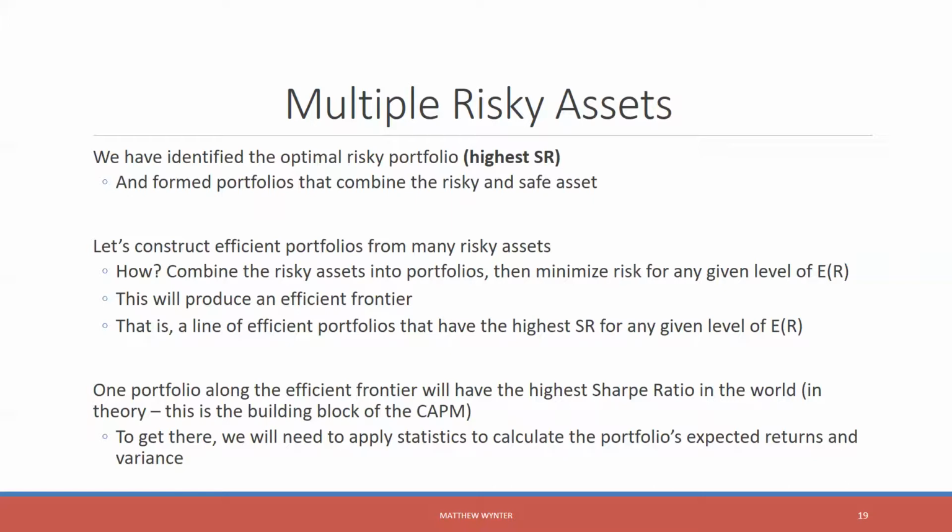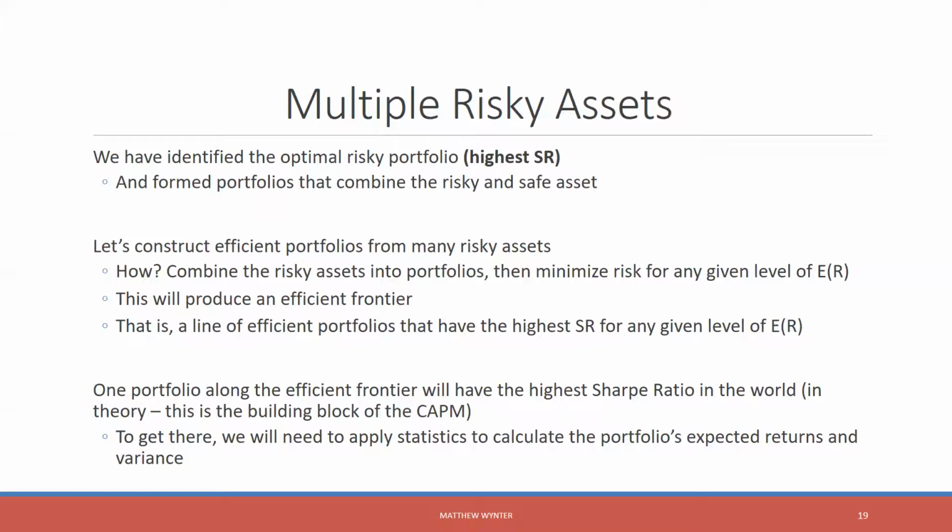And if that feels confusing, or if you're not quite sure why that makes sense, remember, your Sharpe ratio is the excess return divided by the volatility. If we have a target level of expected return, then we're holding the numerator of our Sharpe ratio constant.